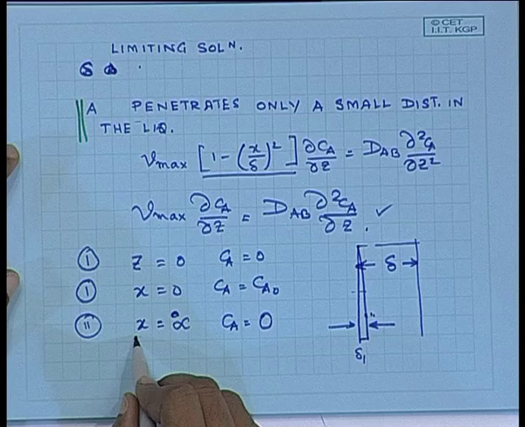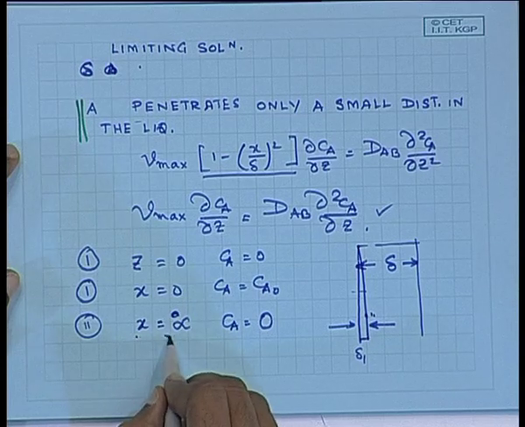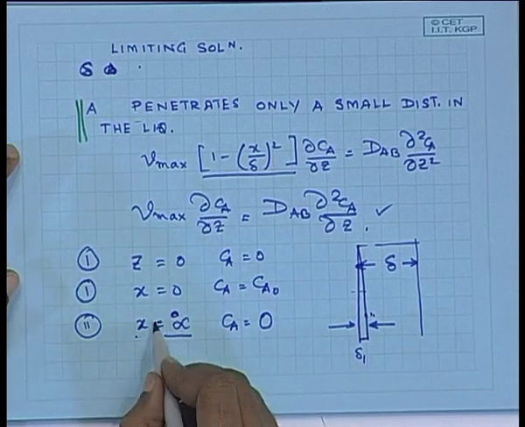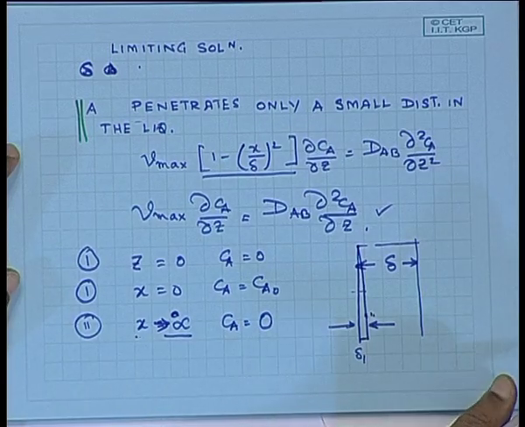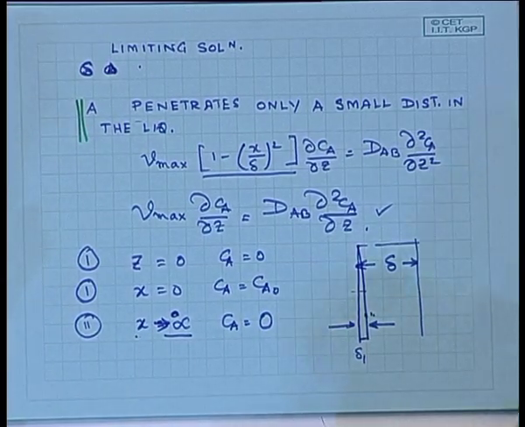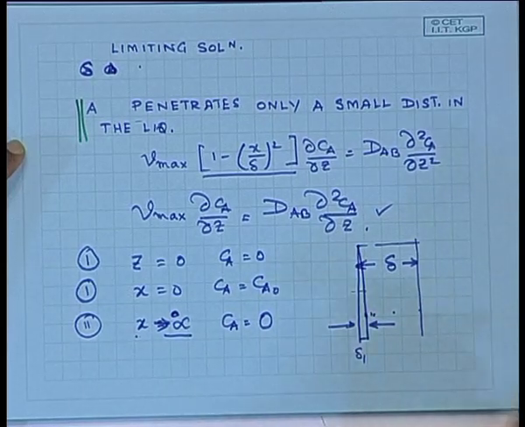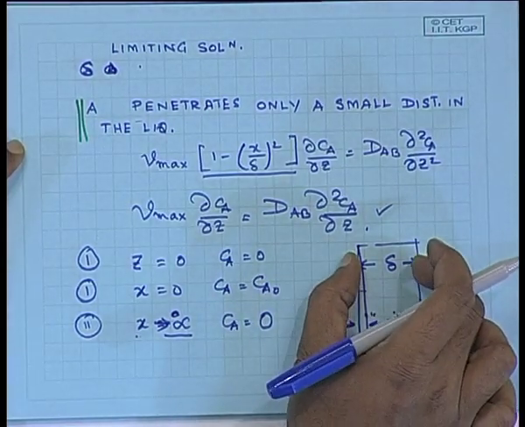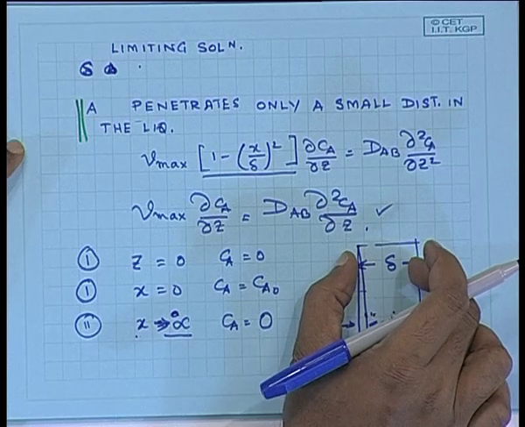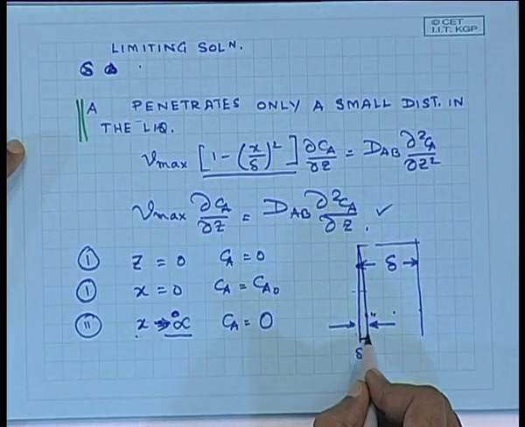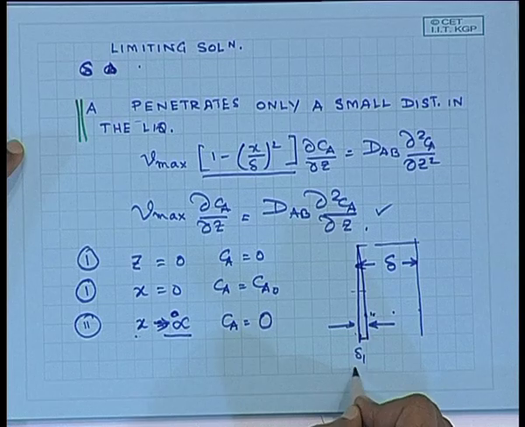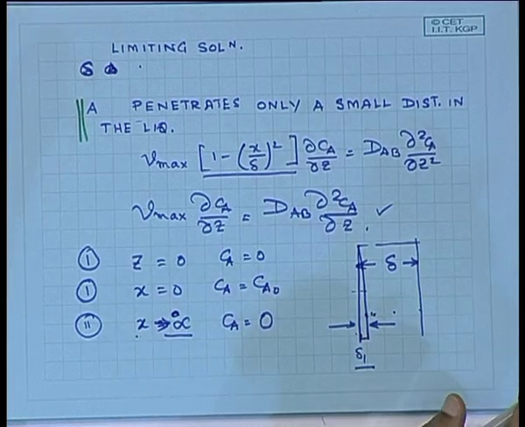What I am doing for mathematical convenience is writing that when x tends to infinity, Ca is equal to 0, which is equally valid. If it is 0 here, it would be 0 at infinity, and this delta can be considered as infinitely thick compared to the thickness of the film delta 1. So the film should be like this.